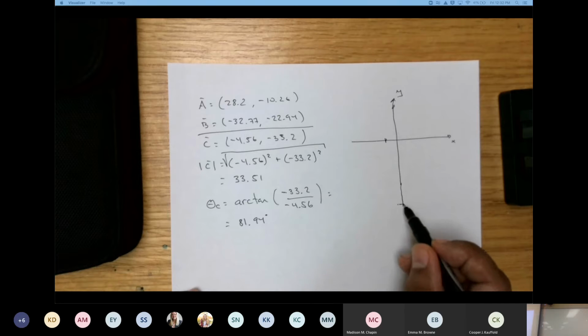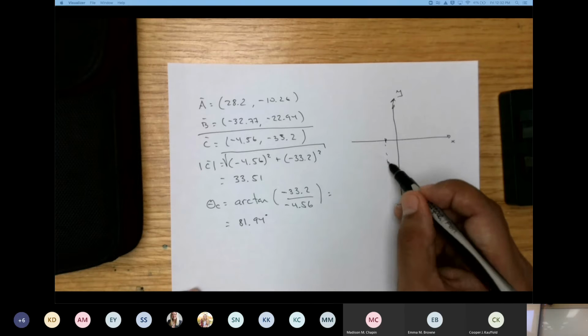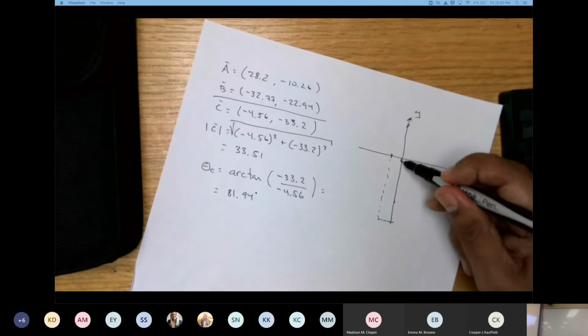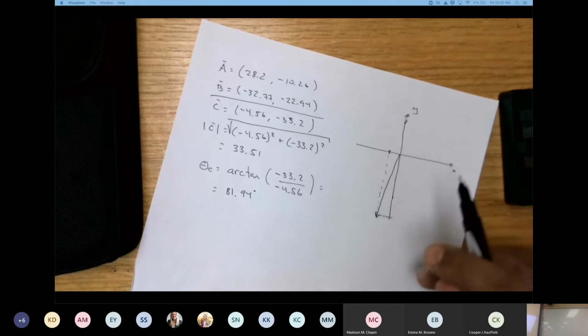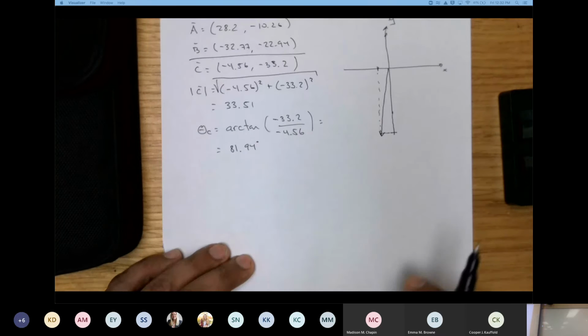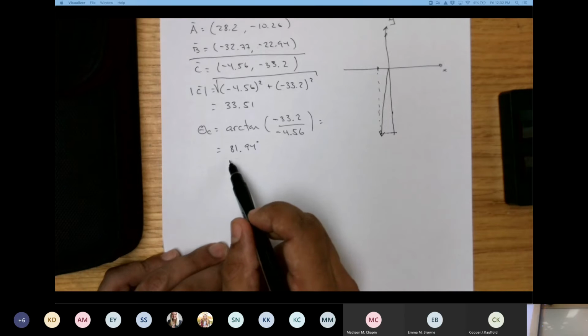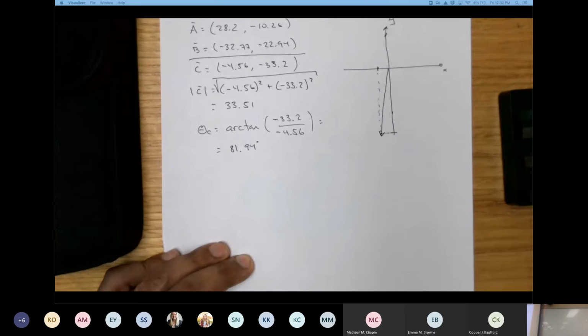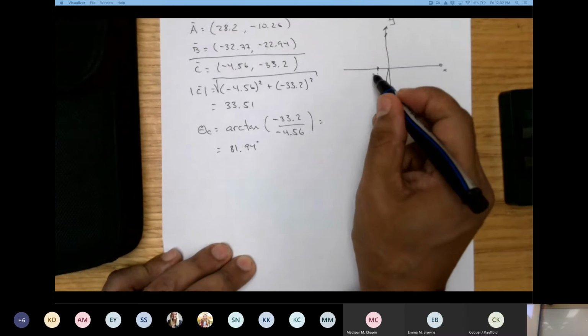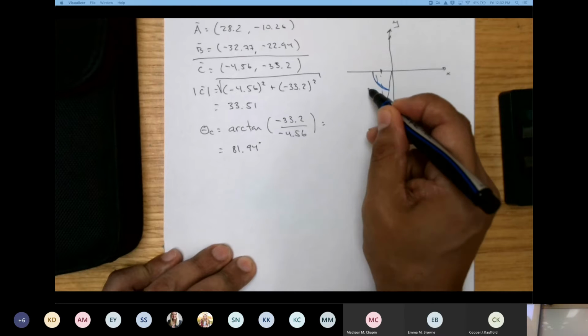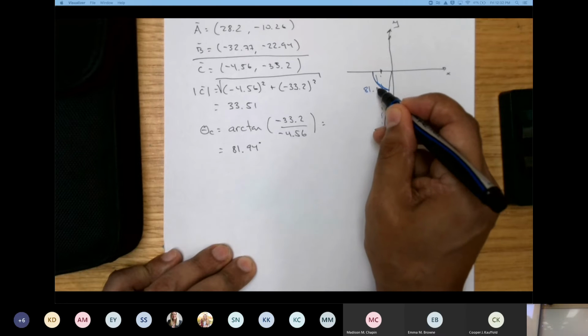So my vector is gonna look something like that. Very long and very close to the negative Y axis. So this angle, the 81.94, is almost 90, so it's gonna be this one. That's the angle that I'm finding.